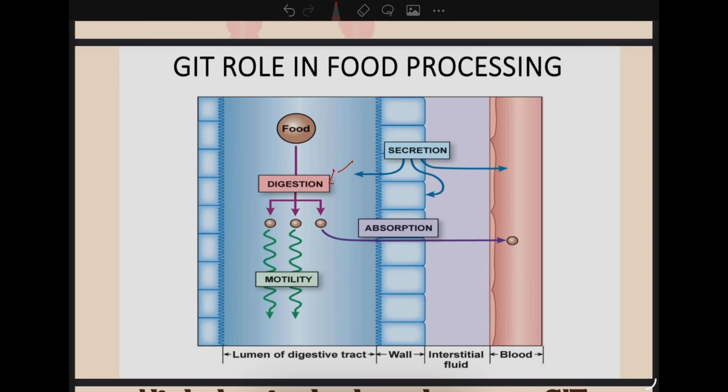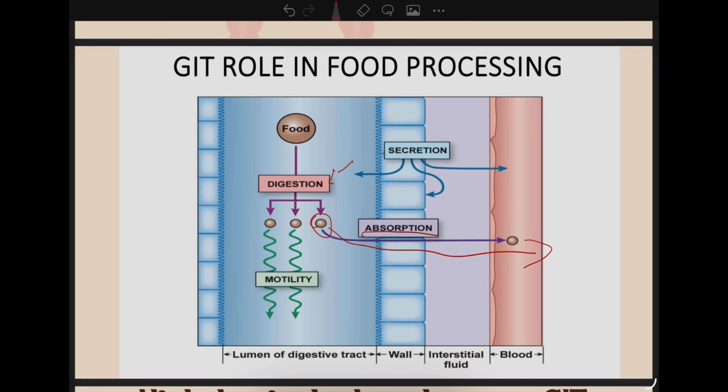Why? So you can absorb amino acids. Now, what's absorption? It's when you take these small molecules that you have just made by digestion and take them into the bloodstream, from the lumen of the GIT organ. This is called absorption.